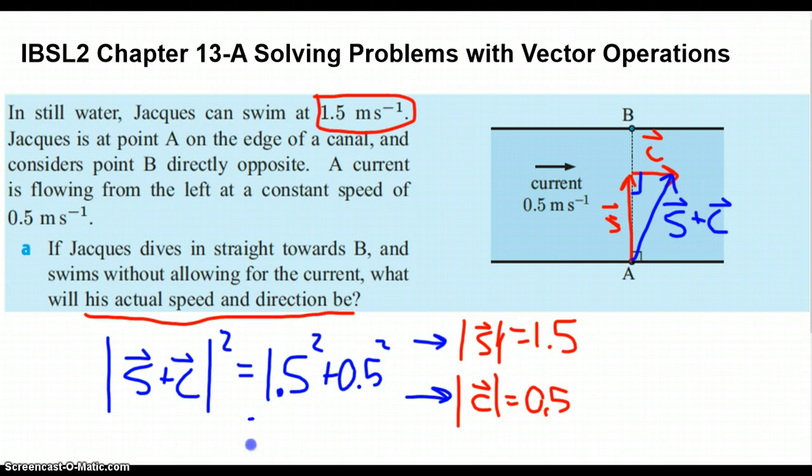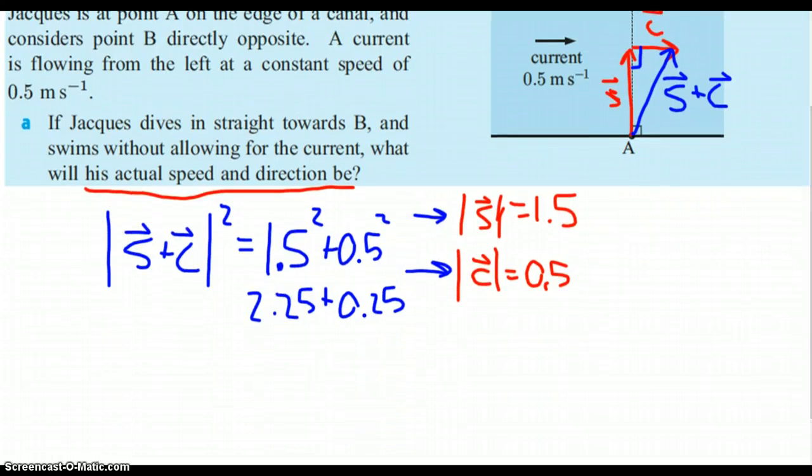Okay, so 1.5 squared is 2.25. 0.5 squared is 0.25. We add those together. Scroll down here. And we get 2.5.